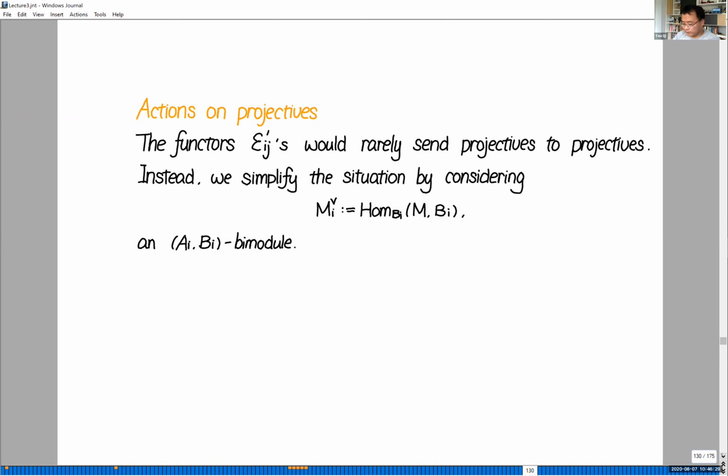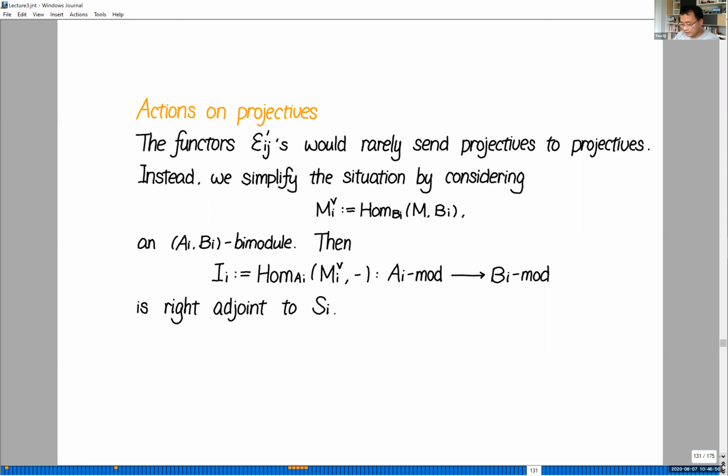So instead, we simplify this situation by considering the dual module, M_i check, because M_i is actually a projective B module. So taking its B_i dual doesn't really lose information on M_i. But it has the effect of turning it into an A_i B_i module, switching the roles of A_i and B_i. And now it has the right adjoint of the S_i.